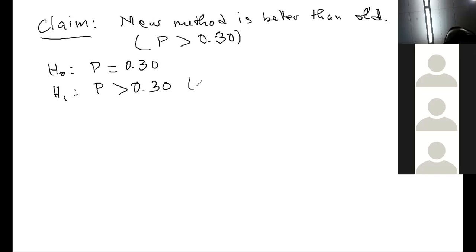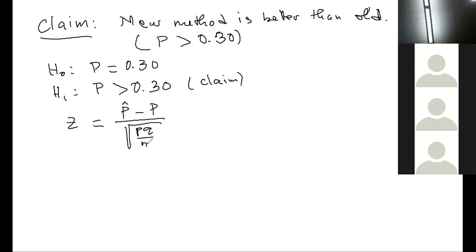And we want to write "claim" here. You don't have to, but it helps you not forget. Then the next thing is the test value Z, which is P hat minus P over the square root of PQ divided by N.